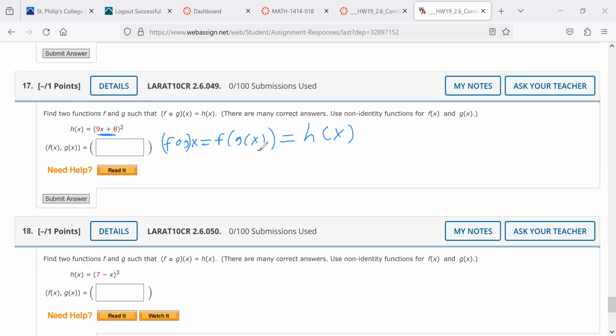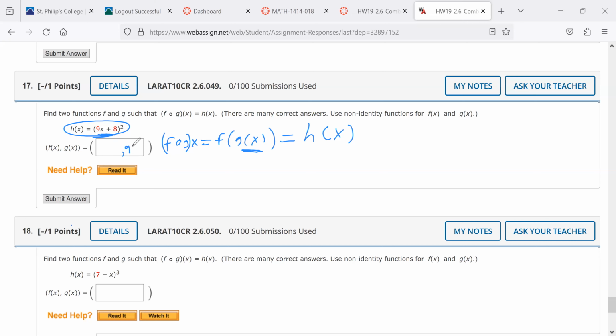So what is the inner one? What does the inner one have to be to result in this? Yeah, the inner one has to be that 9x plus 8.